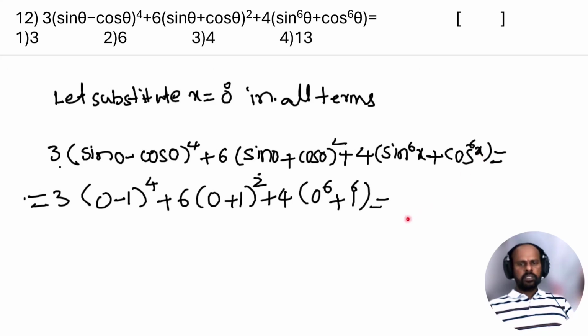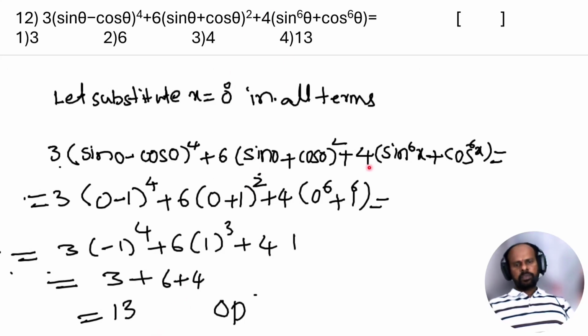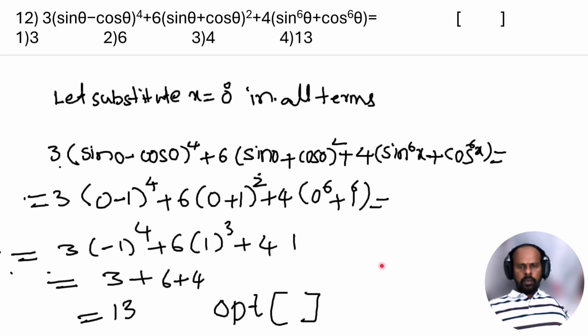So 3 into 0 minus 1, minus 1 power 4 becomes positive 3, plus 6 into 1 is 6, and plus 4 into 1 is 4. 3 plus 6 plus 4, 13 is the correct option. So you follow this when MCQ types are given.